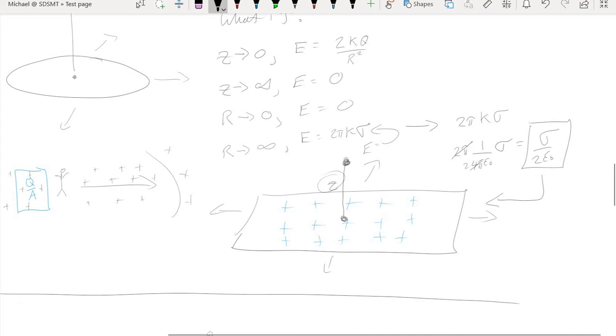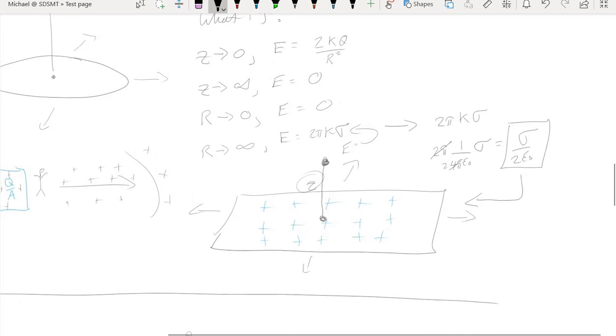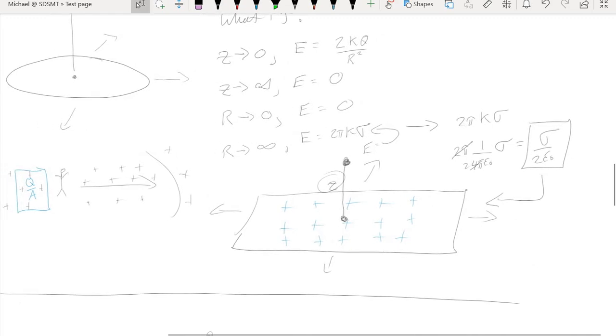It's actually kind of amazing. This is the only charge distribution that we're going to see that ultimately lacks any dependence on the geometry of the system.